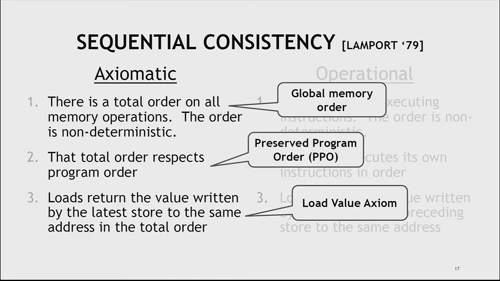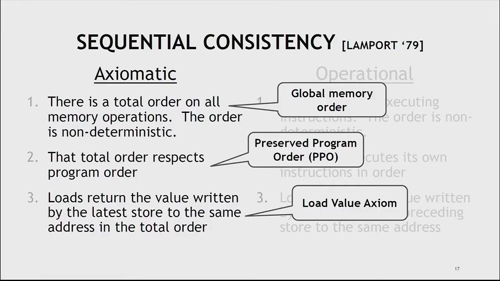So I'm starting with sequential consistency to get a starting point. I'm going to work now towards RVWMO. Before I get there, let me call out some terminology that's useful, and this is the terminology that we use in the spec for RISC-V as well. On the top here, we call this total order the global memory order.